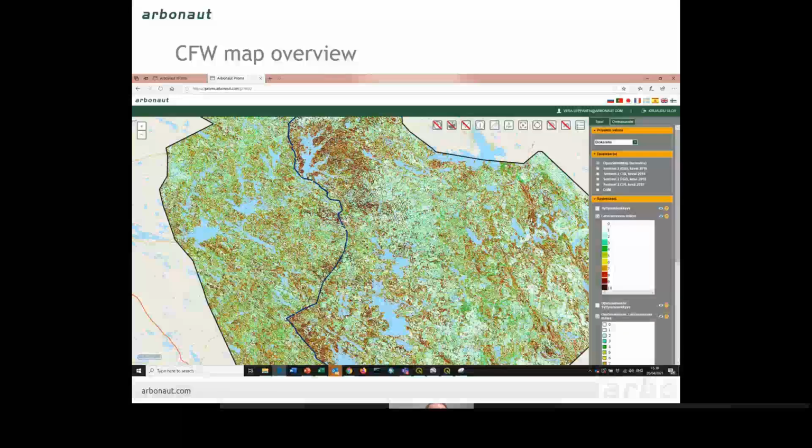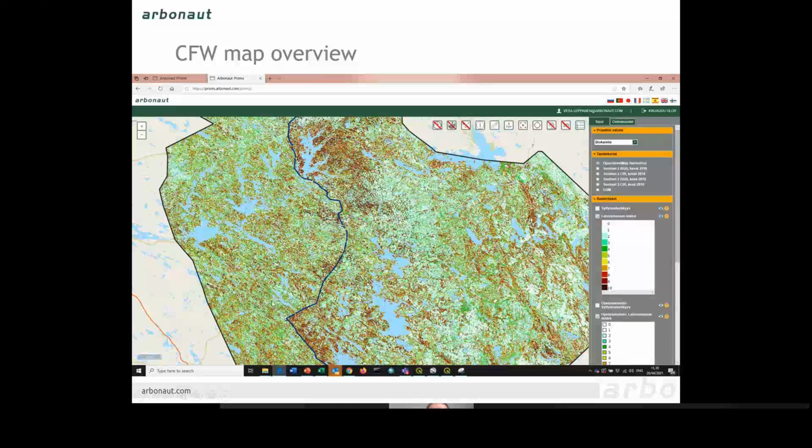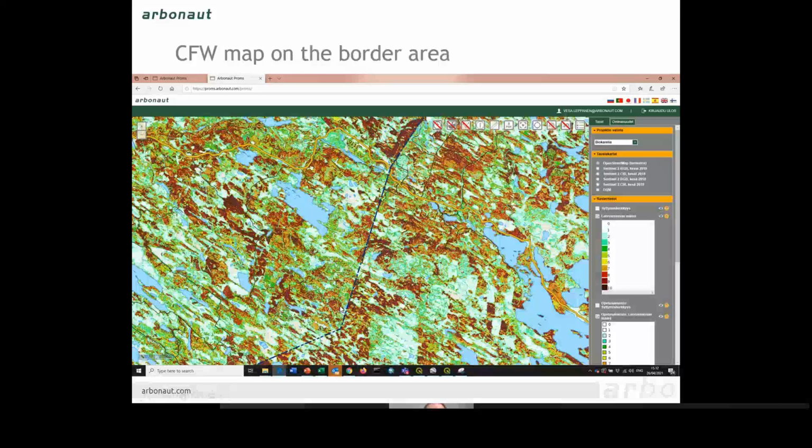And now we are zooming into this area. I chose this area just because it seems to have some interesting connections over the border. So here we are seeing the Finnish border, and then we are seeing the fuel on both sides. I think this data is helpful for the fire management officers on both sides of the border.